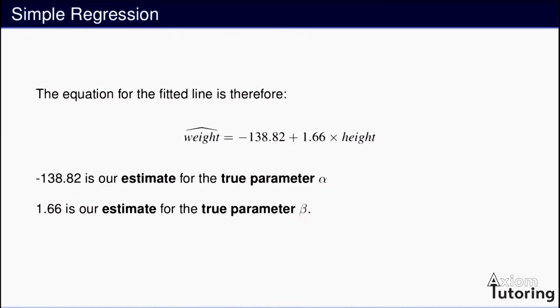And so now if I wanted to get a predicted weight, I could just put any height in centimeters, let's say 150, and then I would get the predicted weight by doing 150 times 1.66 minus 138, and that would give me my predicted weight based on the sample that I got.